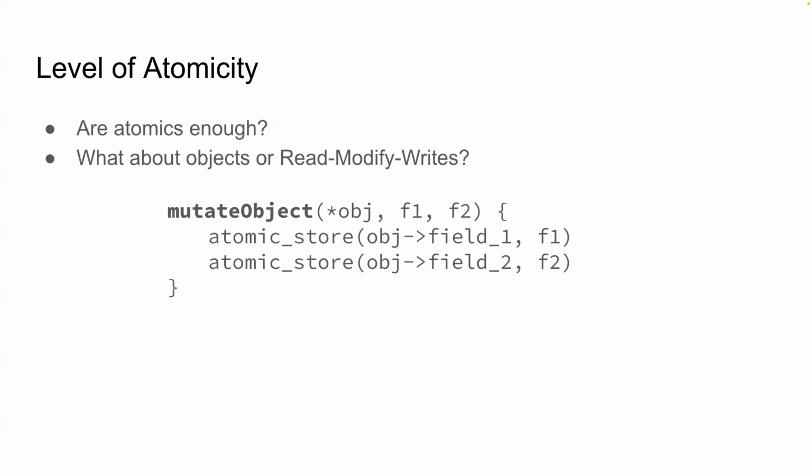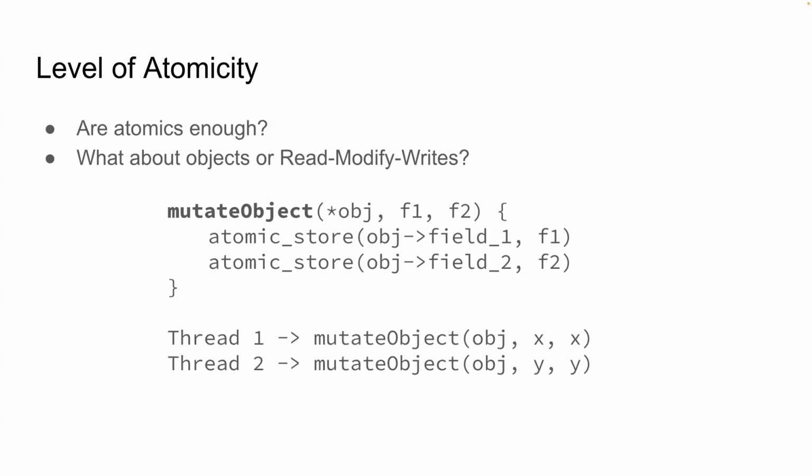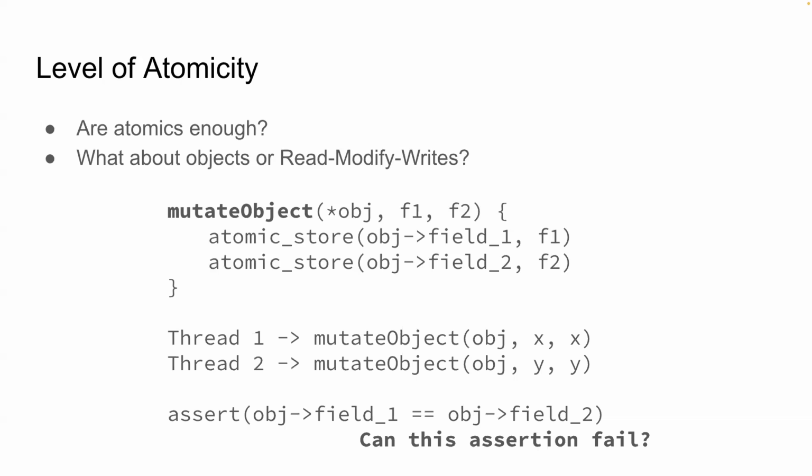There's no problem. So say I start two threads. The first thread sets mutate object to x, x, setting both fields to x. The second one says set both of them to y, and they're running concurrently at the same time. Is there an execution possible in which field 1 is not equal to field 2? Do you get what I'm saying?